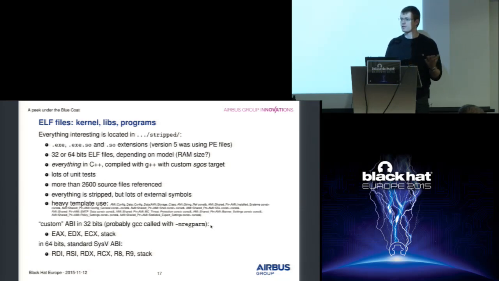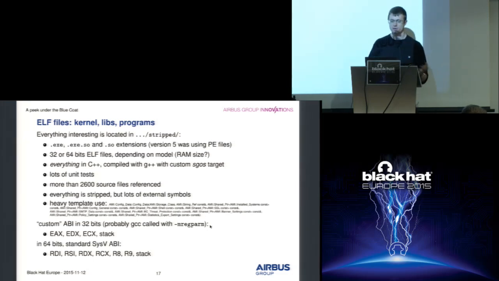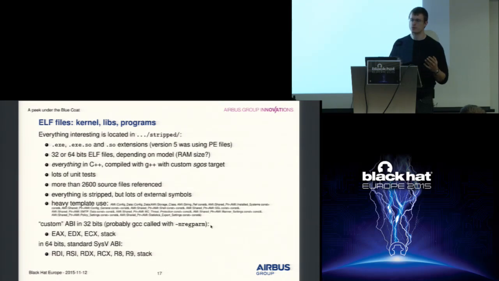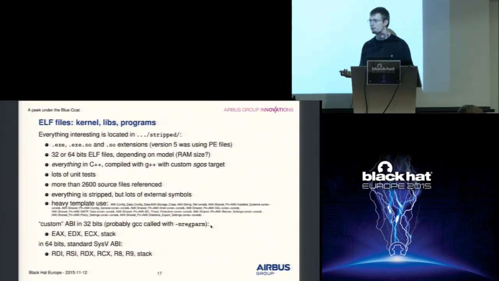I don't know why they changed from PE to ELF, probably some weird reason. You can have either a 32 or 64 bit version of the operating system, mostly depending on the hardware. If you have hardware with a small amount of RAM, about 2 gigabytes, then you get a 32 bit version. And if you have more than 4 gigabytes, you get a 64 bit version.